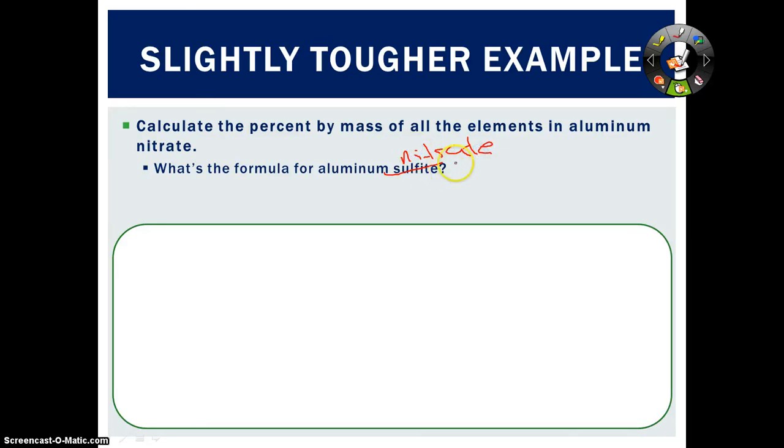You can't get any other information until you have the right formula. So it's an ionic compound. I'm going to start from my ions. Aluminum is 3 plus, nitrate is 1 minus. When I swap and drop, I end up with Al(NO3)3, with a 3 out here.